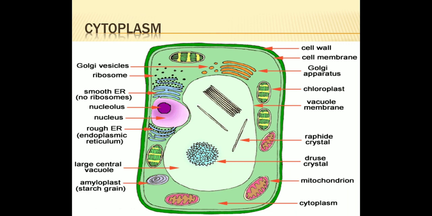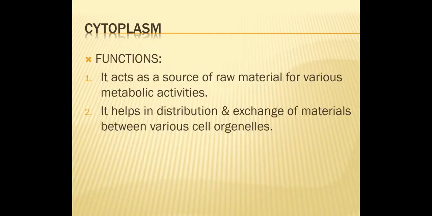And now coming towards the functions of cytoplasm. What are the different functions of cytoplasm? The first one is that it acts as a source of raw material for various metabolic activities. If I say the word metabolic activities, that means the activities which are done within the cell itself are considered metabolic activities.